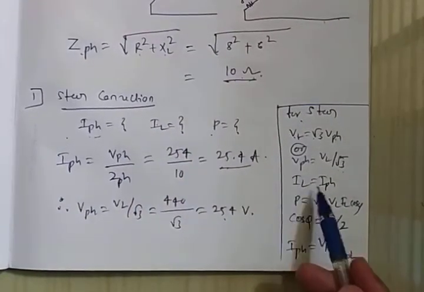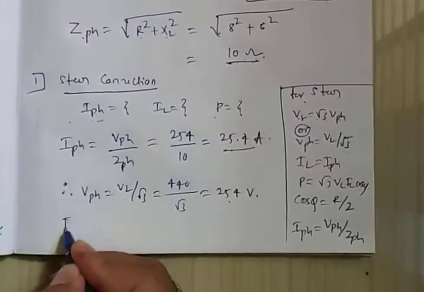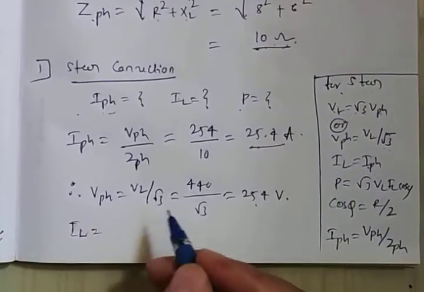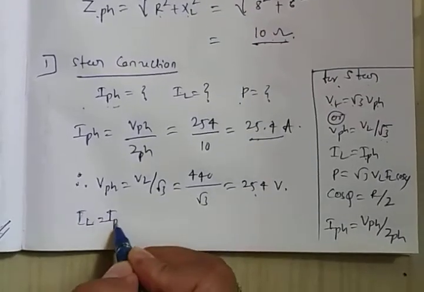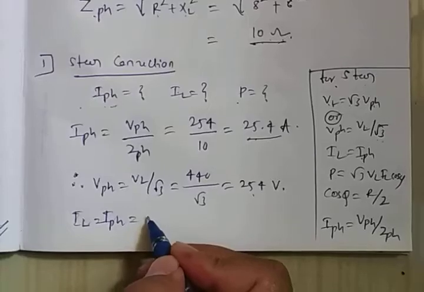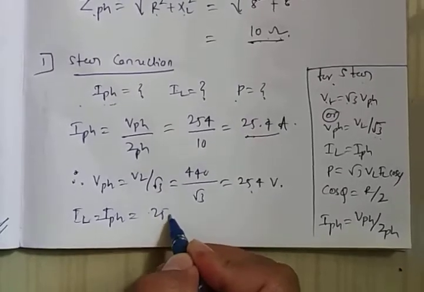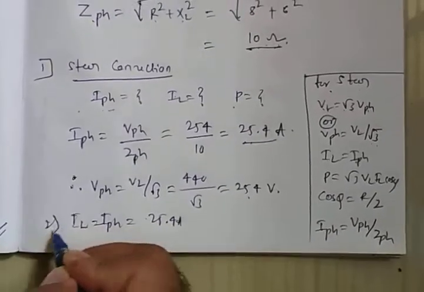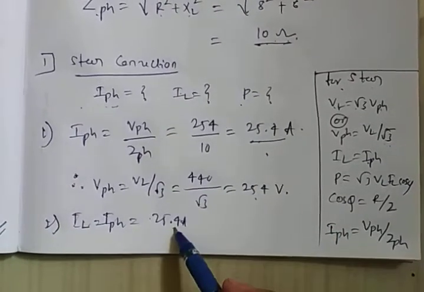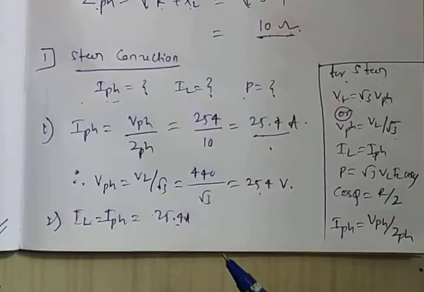For star connection, IL is equal to IPH. Remember, the important formulas are very important in star connection and delta connection. Based on the formulas you can solve any type of problem. IL is equal to IPH, which is 25.4 ampere. So first IPH, then IL, same 25.4 ampere.